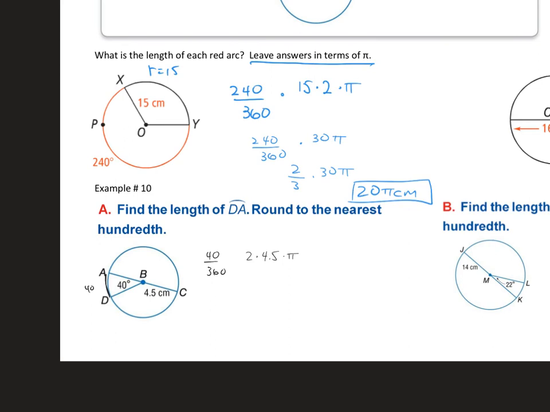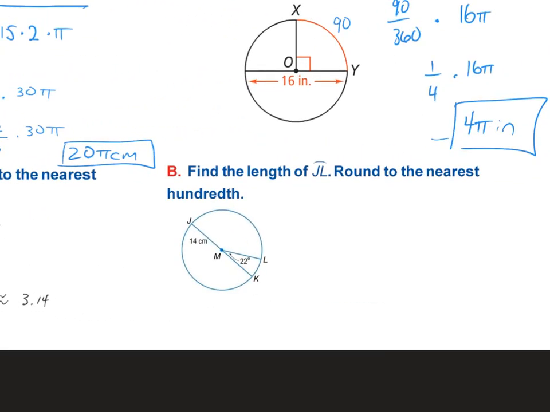I'm going to get 1/9. So this is 1/9 times 9 pi. All right, well, 1/9 times 9 is 1. So I just have pi as my answer, and pi is approximately 3.14 when we round to the nearest hundredth.